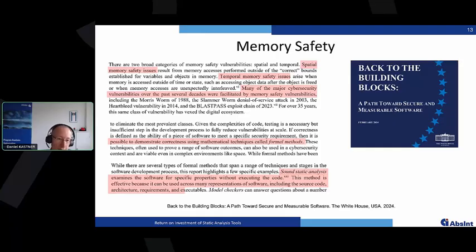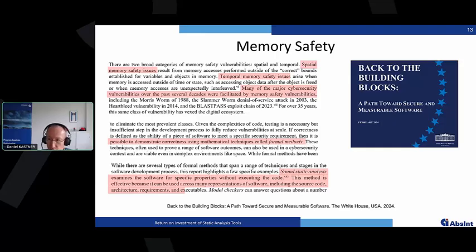And they said, okay, well, either then you could use a memory-safe language, which most people don't, or, and it is also important that there is no memory safety language as such. You also have to use it in a memory-safe way. Or you can use formal methods like, for example, sound static analysis. So you can see, okay, static analysis is even something mentioned by the White House in the US.